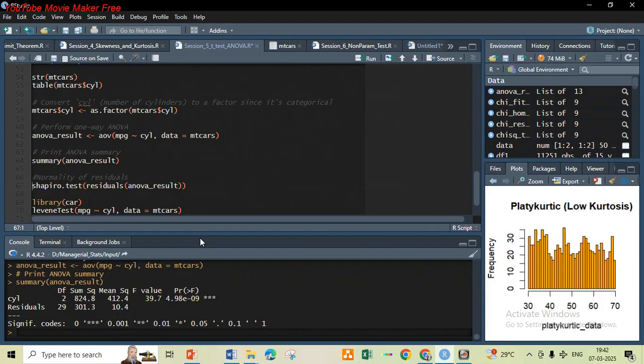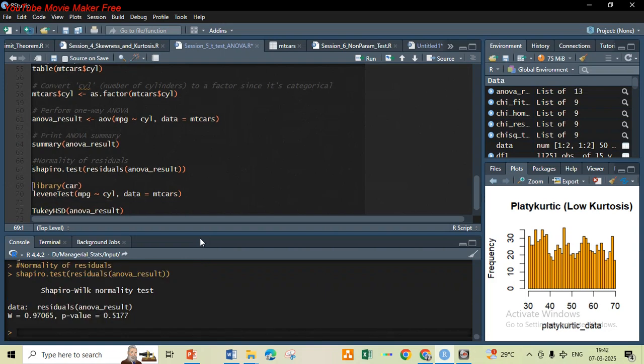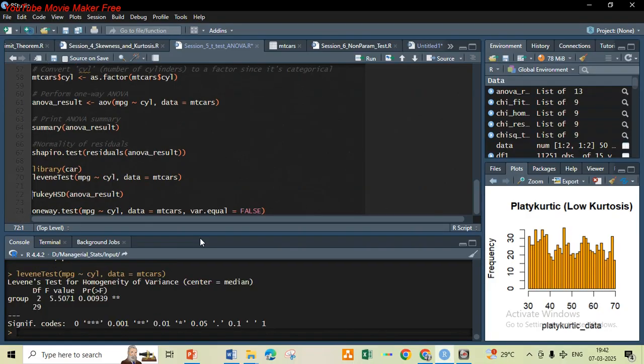So we check for certain assumptions of ANOVA. For example, the residuals must be normally distributed, which comes out to be true, and the variances between the groups must be equal. Basically, the variances here do come out to be statistically different, because the p-value is less than 0.05, which means that there is a difference in the variances, and hence ANOVA ideally should not be used here in this form.